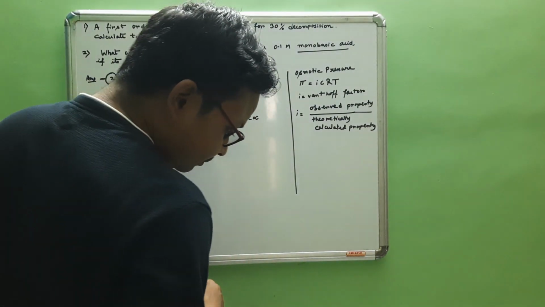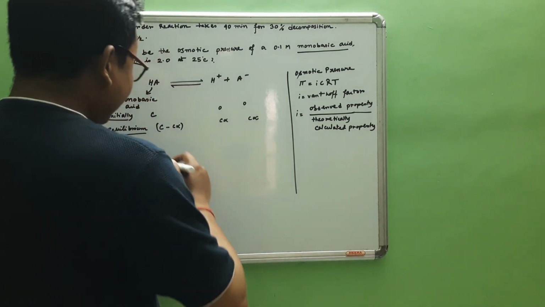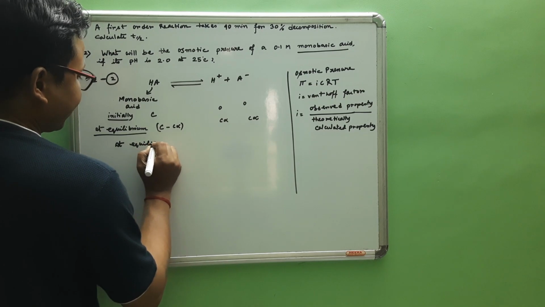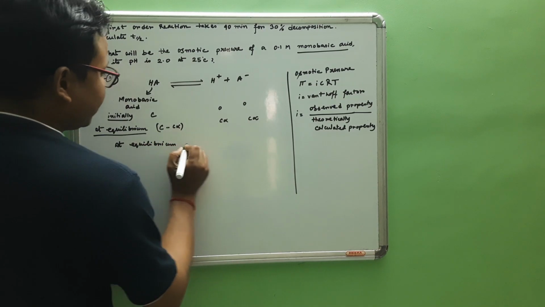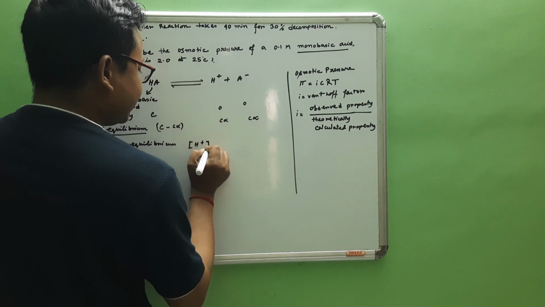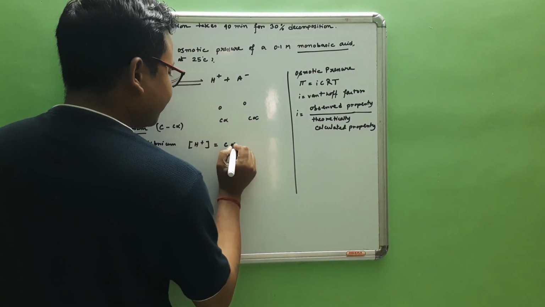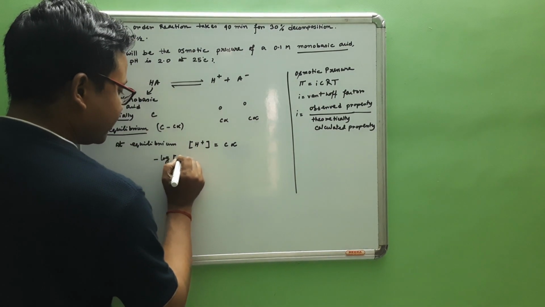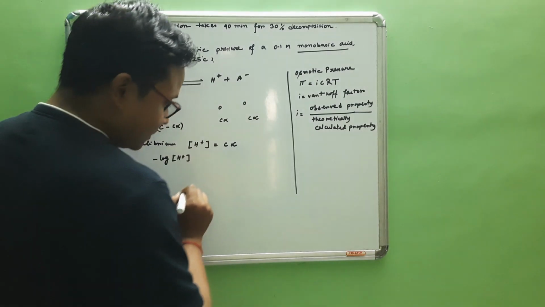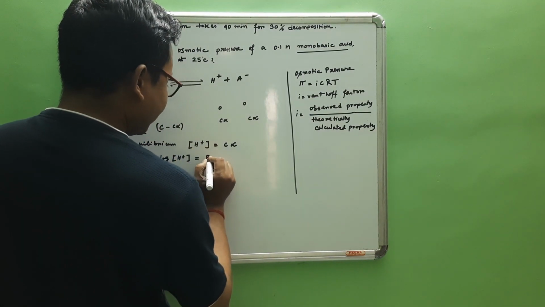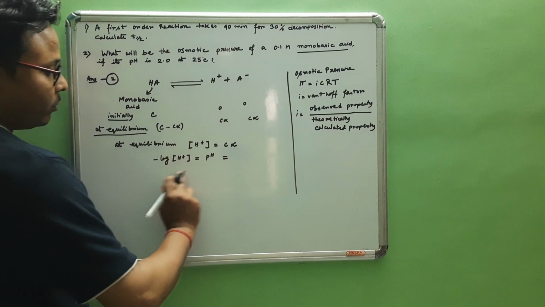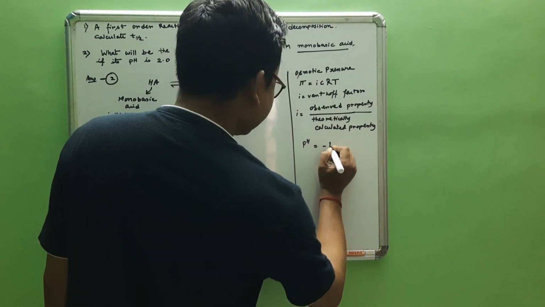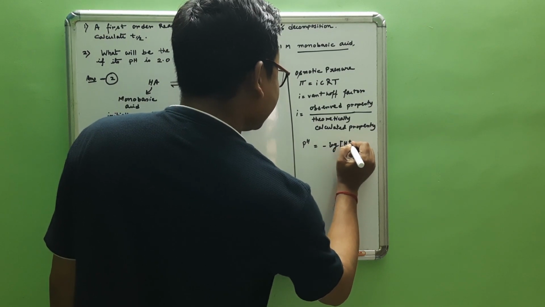So at equilibrium, the concentration of H plus ion is C alpha. So minus log of the concentration of H plus ion means pH. pH is the formula: pH is minus log of concentration of H plus ion.